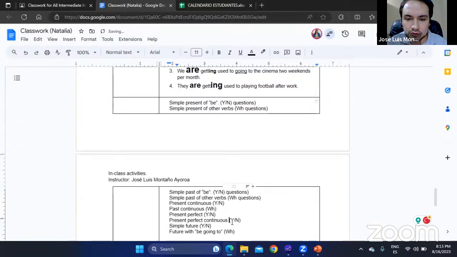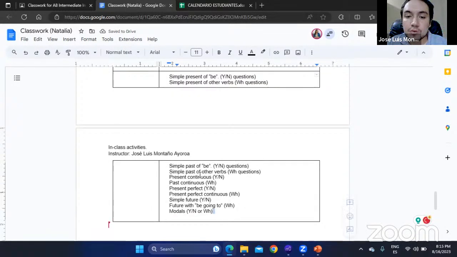And this will be, of course, WH. And the last one, Natalia, with this, you asked me the questions that you got, modals. This will be just one. And this is up to you. It can be a yes, no, or WH. So we need this number of sentences right now.